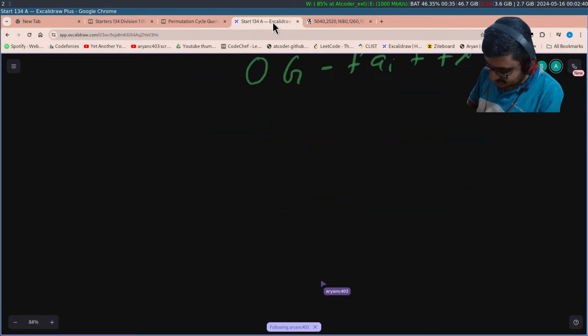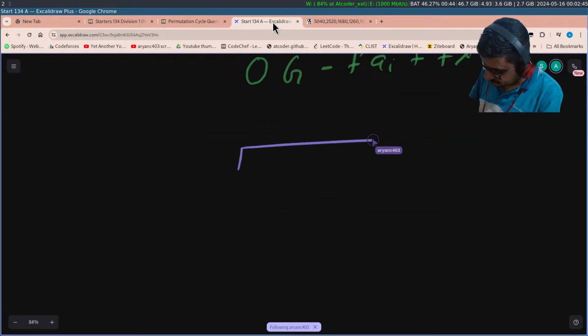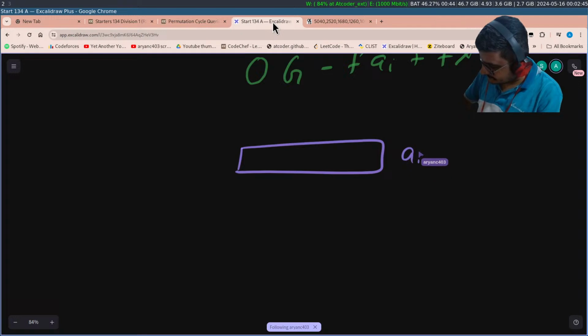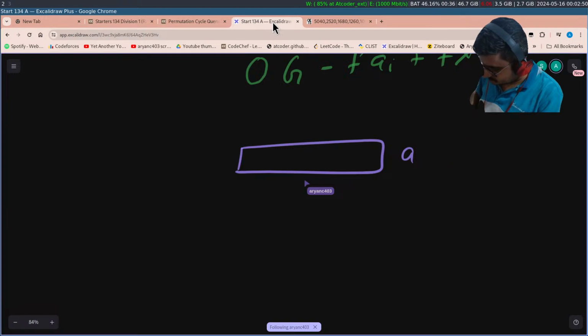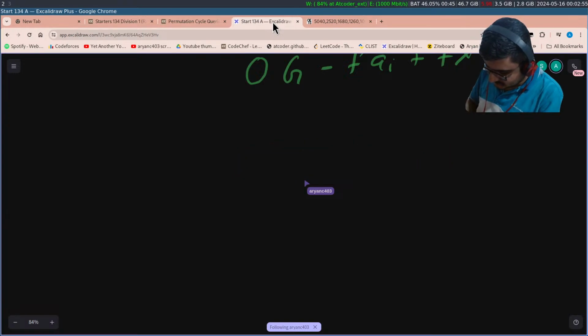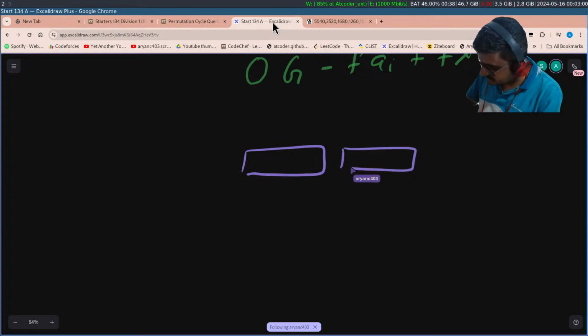If the sequence jump is like this, here was AI, and these are the elements smaller than AI, and these are the elements larger.